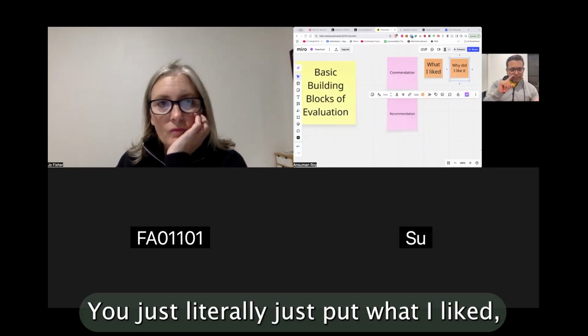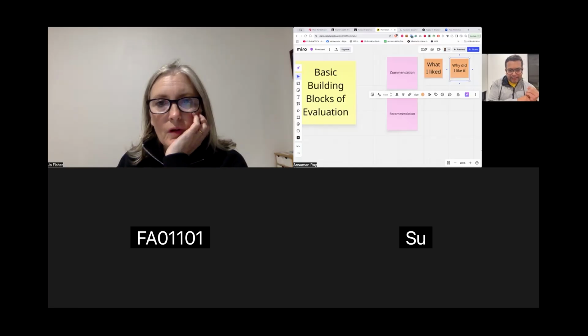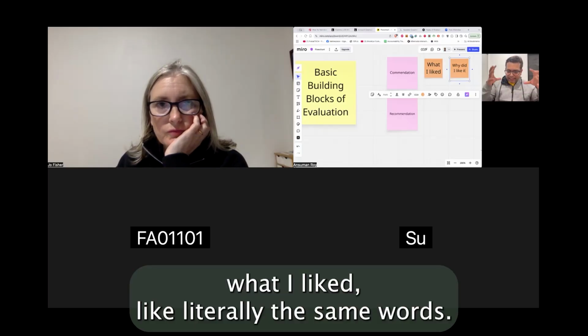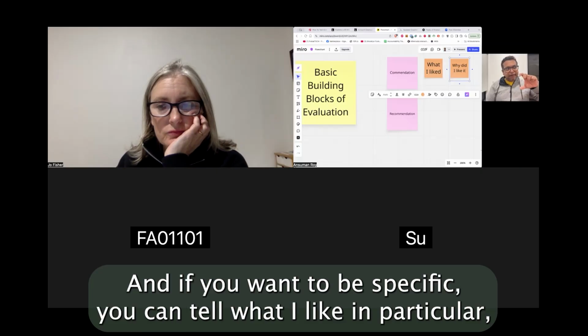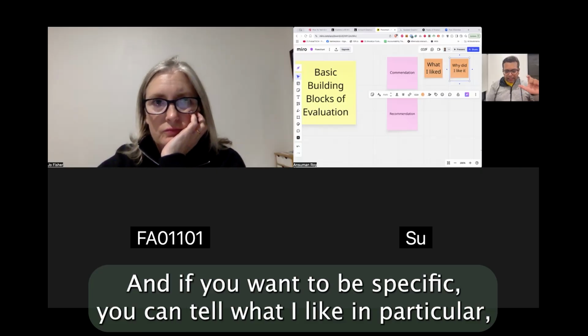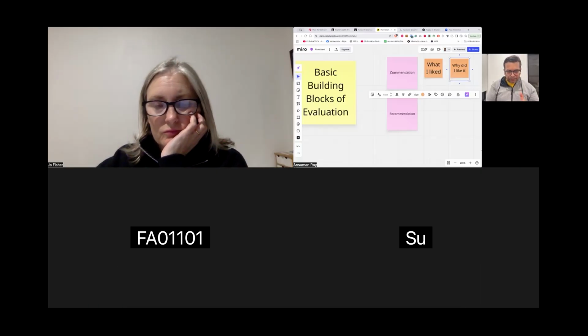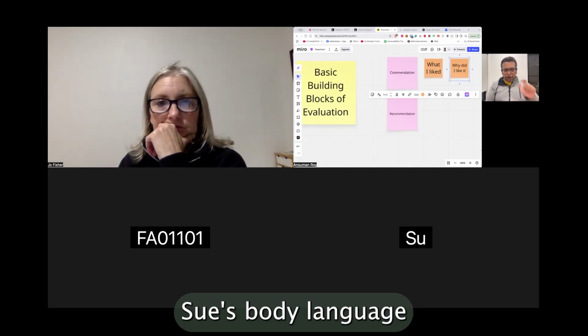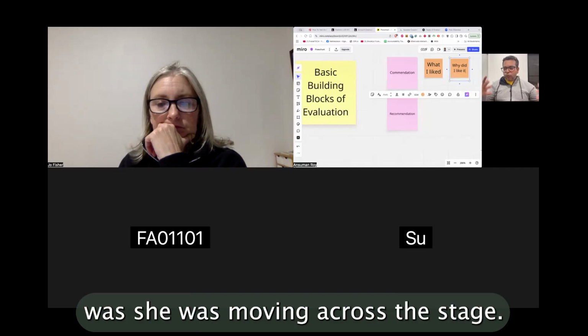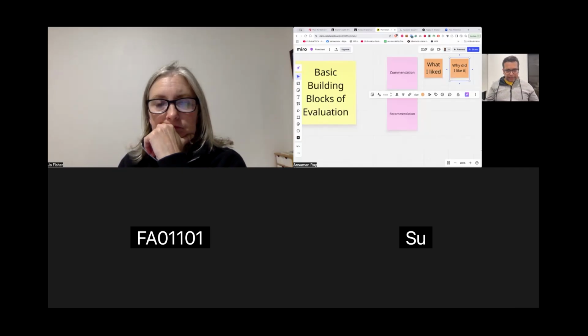You just literally put "what I liked," the same words. And if you want to be specific, you can tell what I liked in particular, the language in particular, or what I liked specifically about Sue's body language was she was moving across the stage.